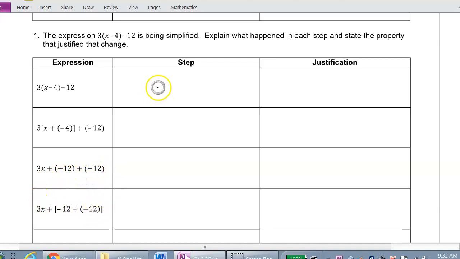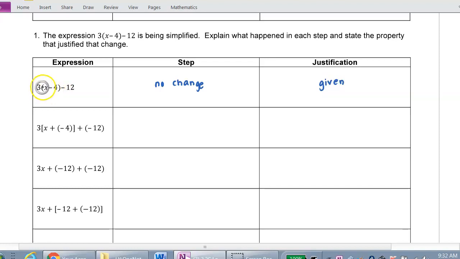And as I said, we have to describe the change that was made in each step and name the property that allowed that change. So in the first row of the table, because this is the expression that was given to us, we're going to note that there is no change, so nothing has been done with it yet. And that's because it was the given expression in the problem.